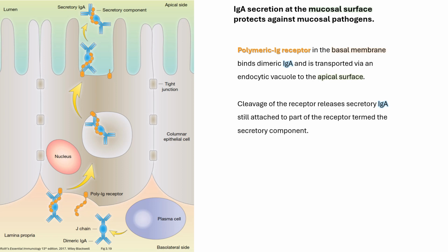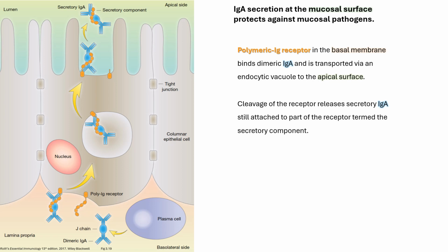In order for immunoglobulin to reach here, it cannot just diffuse through the membrane, neither can it squeeze its way through between the very tight junctions that hold the epithelium together. It has to be transported, and this transport occurs via receptor-mediated endocytosis from the basolateral side and transport to the apical mucosal side.